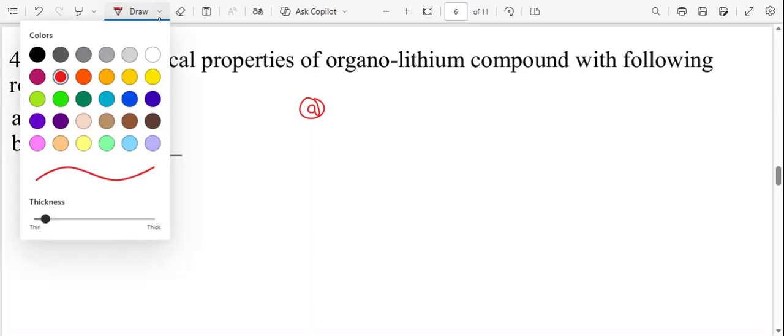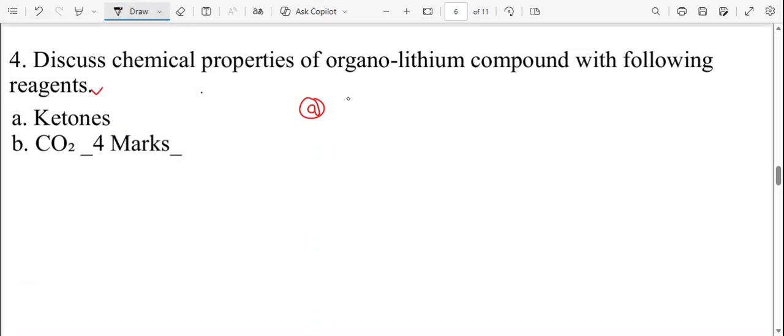let me use the black pen. With the ketones, what will happen is that we have lithium compounds, and these ones are more reactive. Suppose I have also a ketone with R2, where this 2 is the number of alkyl groups again.